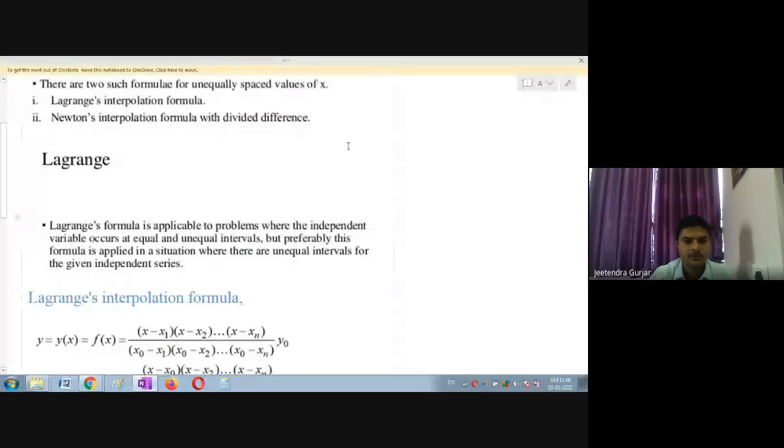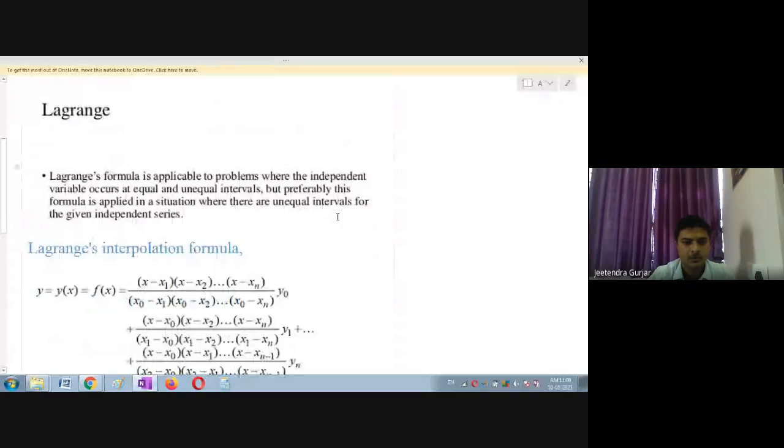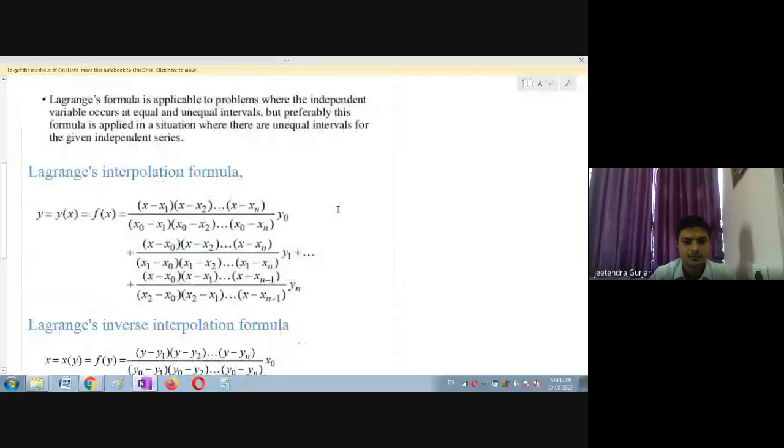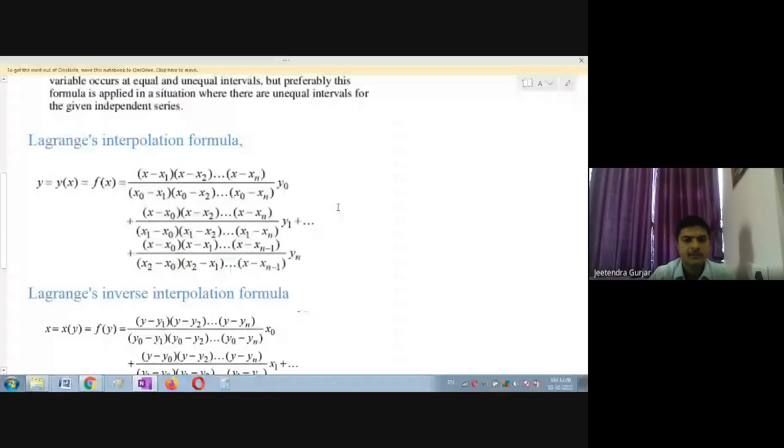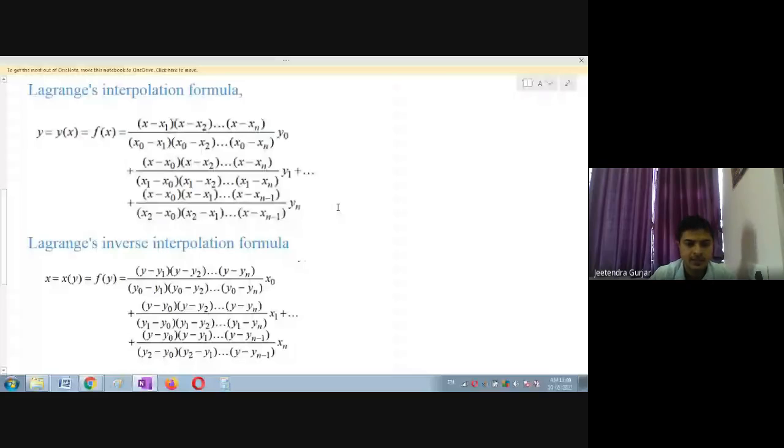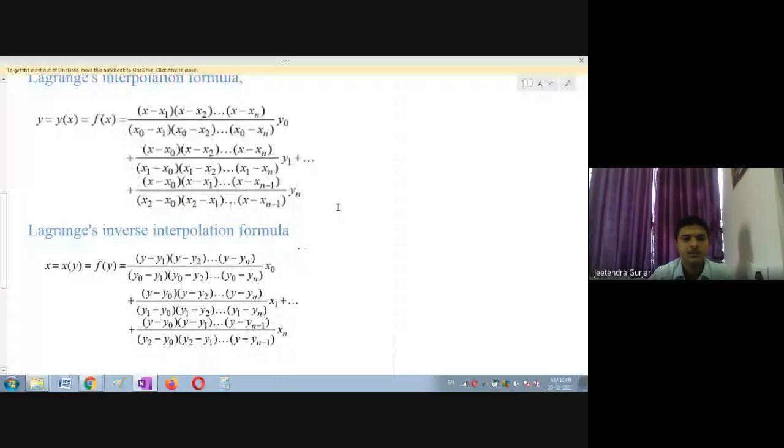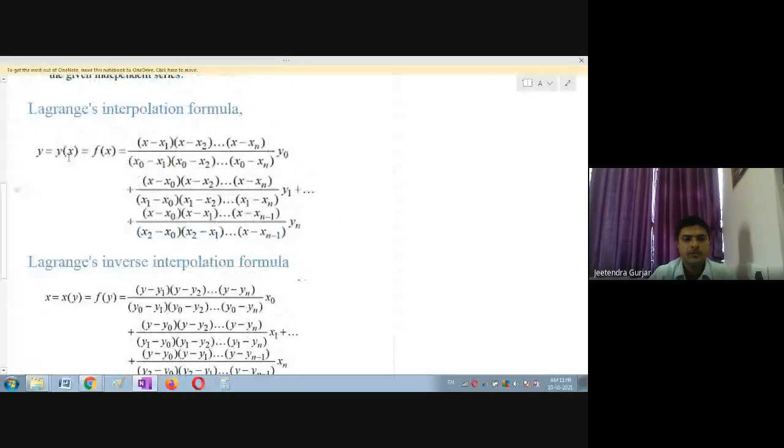Here we have the formula, students. Please note it down: Lagrange's interpolation formula. We also have Lagrange's inverse interpolation formula. Here y is equal to y of x, that is f of x, which gives the formula for Lagrange's interpolation.